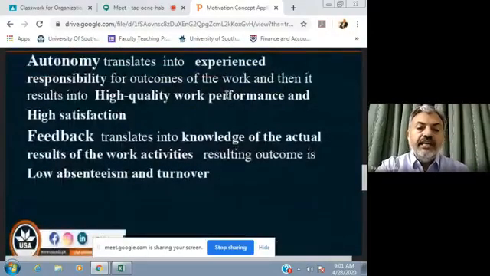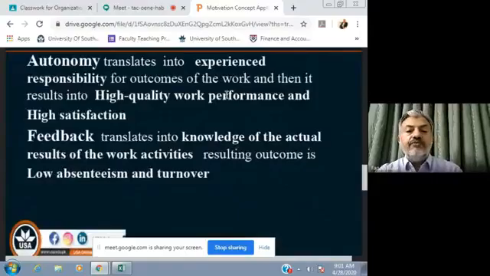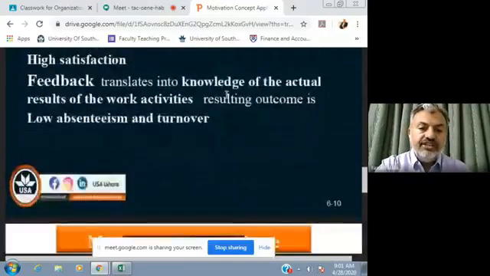Autonomy again leads to high quality work performance and high satisfaction, and it gives you more responsibility. So you have experienced responsibility, which translates into high quality work and high satisfaction. Feedback results in knowledge of the actual work activities and their results, and therefore the outcome is low absenteeism and low turnover in an organization.